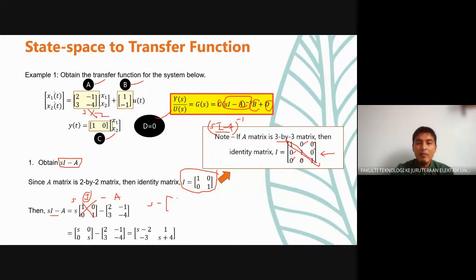You cannot solve this part. So that's why you need to have the identity matrix. Now this is sI after you multiply them together, minus A, and this is your final sI minus A.